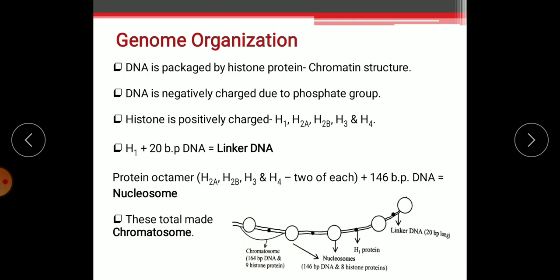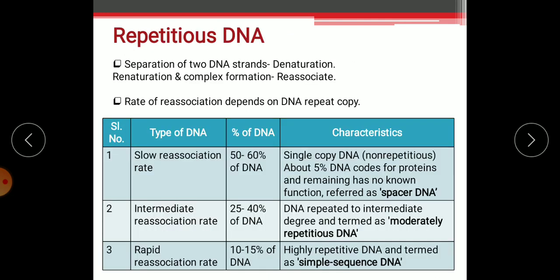So linker DNA is the DNA plus the H1 histone protein, and the remaining 4 histone proteins, 2 of each, the protein octamer, plus 146 base pairs of DNA make the nucleosome, and nucleosome plus linker DNA with H1 histone protein makes the chromatosome. So this is basically the genome organization.